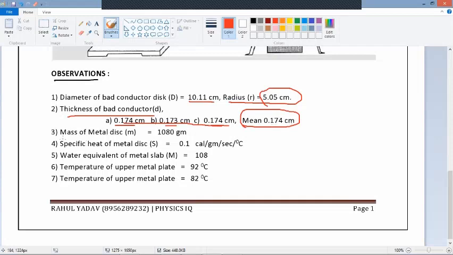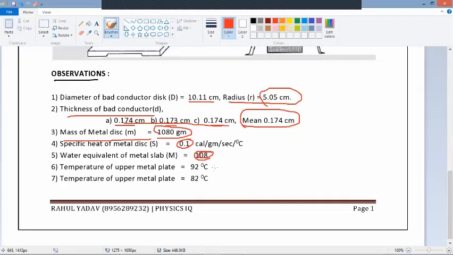And we have also evaluated the mass of the metal disc, which is given, and the specific heat of the metal disc, which is also given already, and the water equivalent of the metal slab, which is 108.